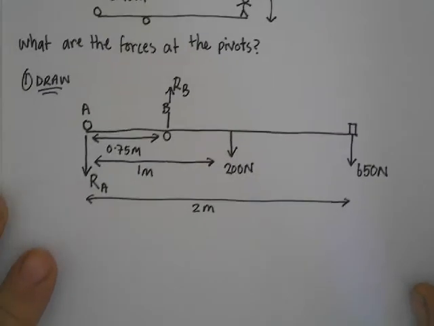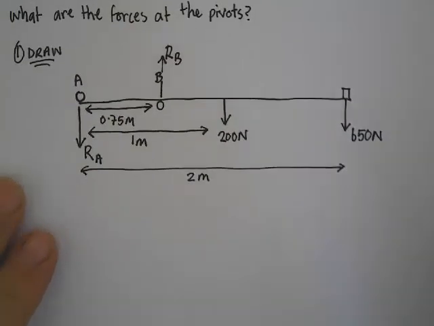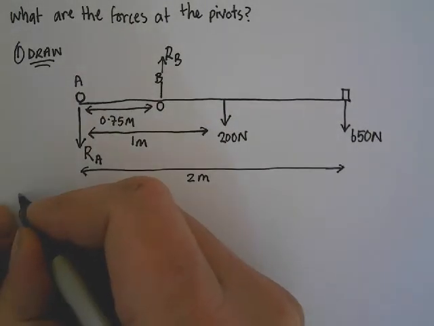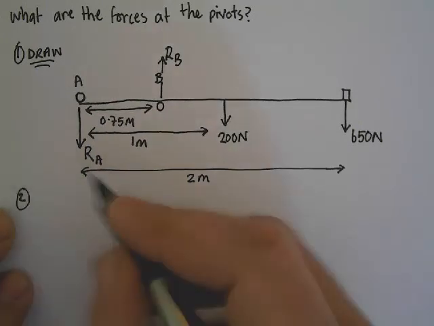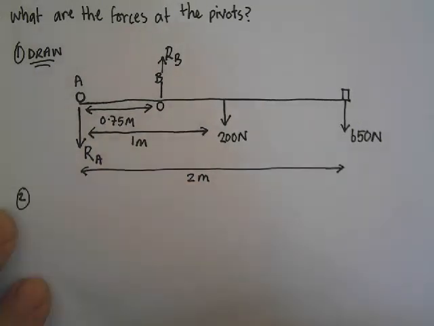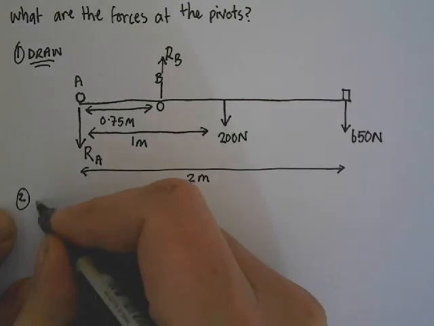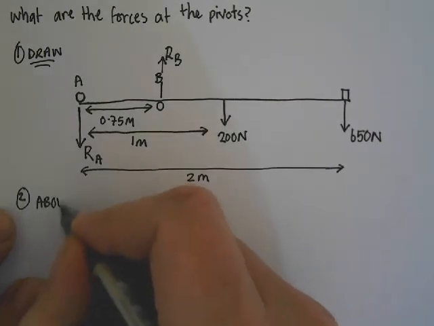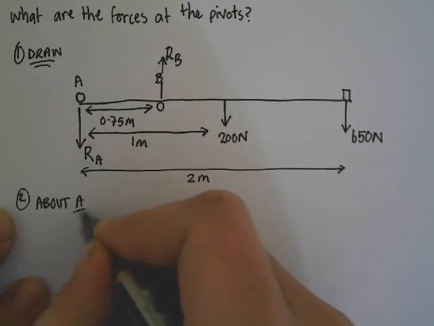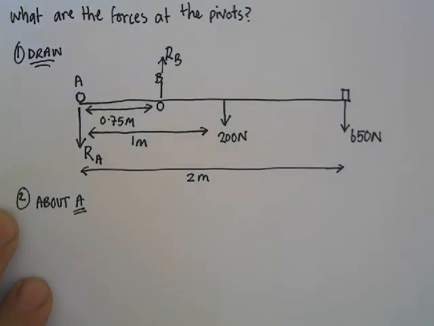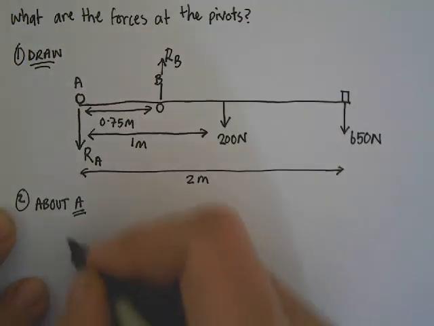Now when I lay these out, I normally try and remember to tell myself what I'm doing, so that if I'm trying to understand a mistake later on, I can go back through it. So I'm going to say that I'm going to take moments about point A.